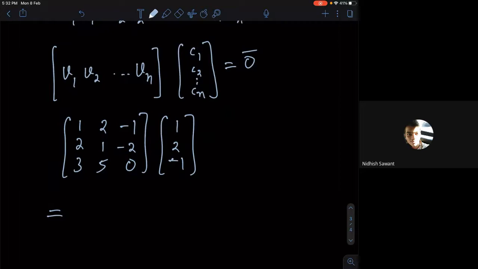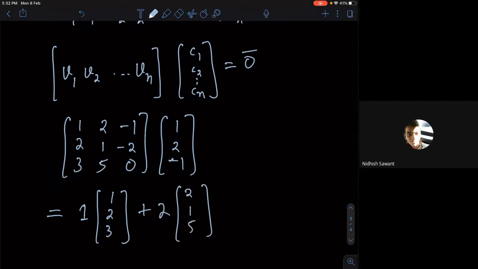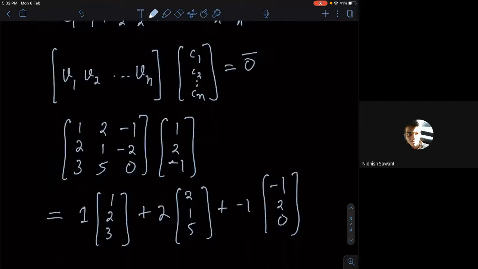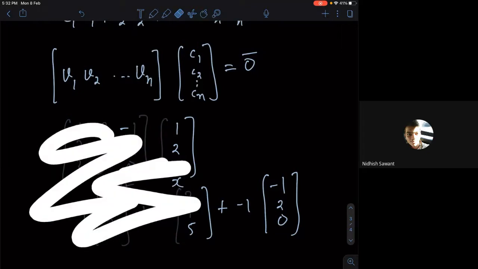It's 1 times the first column, 1, 2, 3, and so on. So this is another way we have been talking about to see a matrix times a vector. This is a very important way to see multiplication. This is matrix A times a vector X, and this is how you see matrix multiplication.